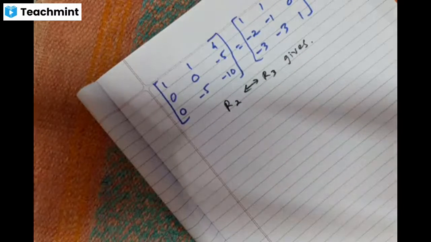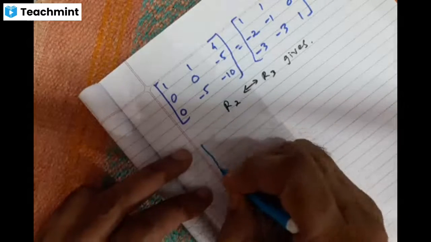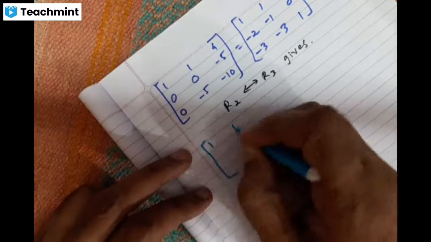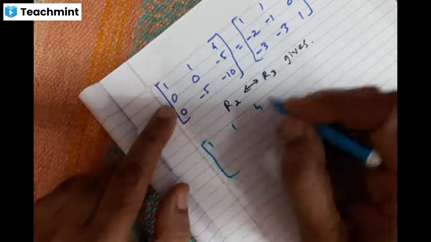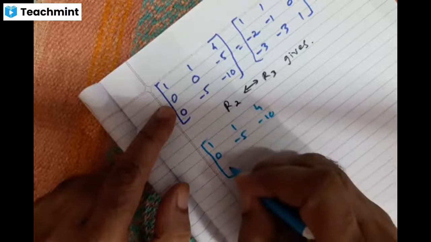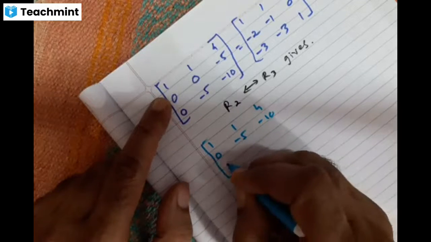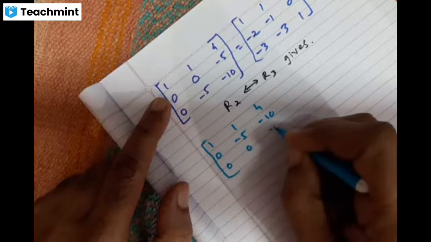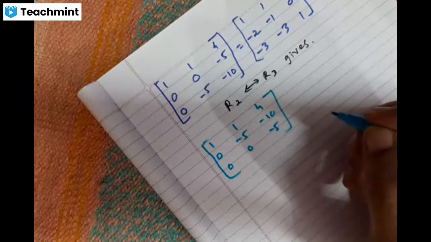This gives what? R2, R3 अगर मैं interchange करूंगा दोस्तों, then first row as it is, second, third row interchange. So third row becomes second row, so it is 0, minus 5, minus 10. Second row becomes third row, so it is 0, 0, minus 5. Okay, right?